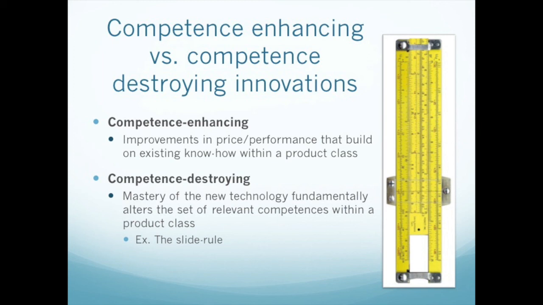And one example of this is this slide rule that you see here in the slide, this yellow thing. In the 1600s, this was developed and it was used until the 70s. It was used by mathematicians and engineers to calculate things.